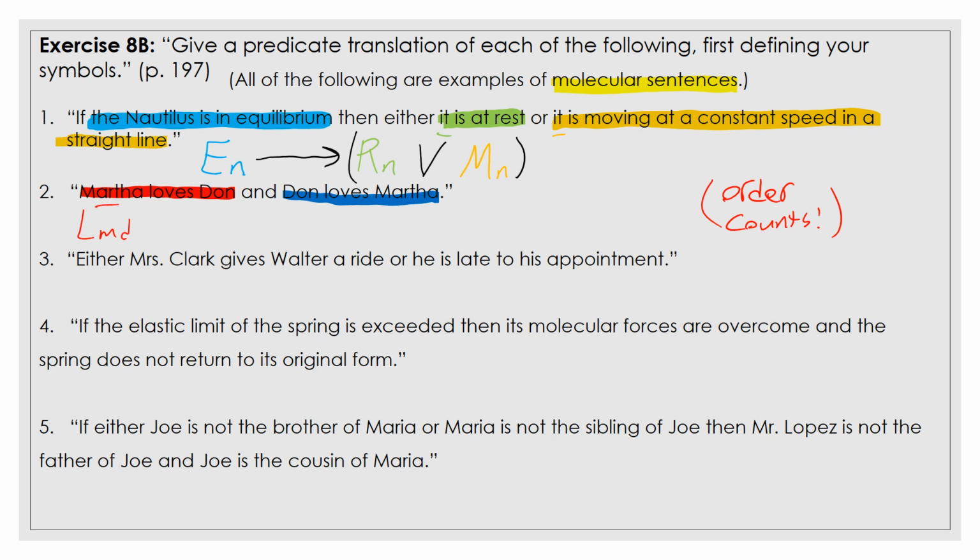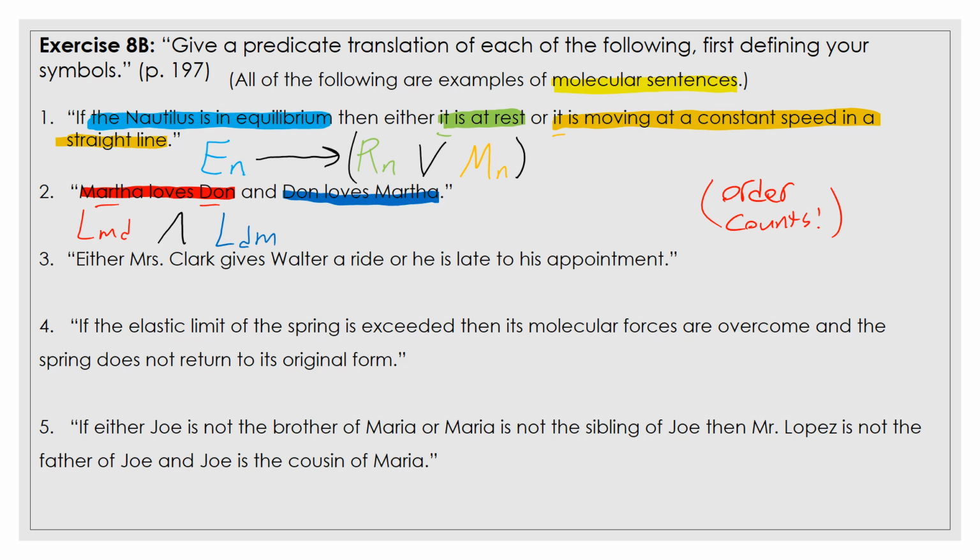So we have Martha loves Don, so MD. We can say DM. Order counts. We have our conjunction, so we have the and sentential connective. Don loves Martha. Loves is the predicate, so capital L. We have two names, so lowercase d for Don and lowercase m for Martha. Order counts.